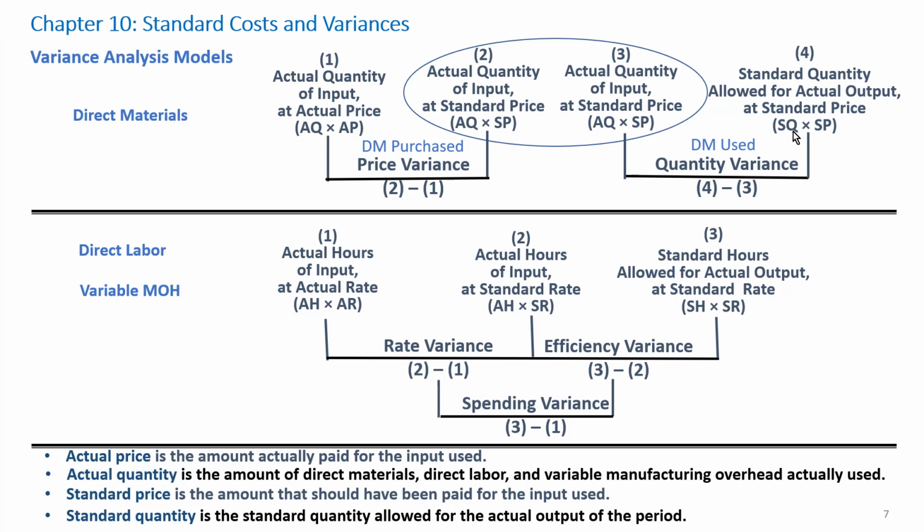The calculations between the first and the last box allow you to determine the total spending variance and to break that total spending variance into both a price and a quantity piece.